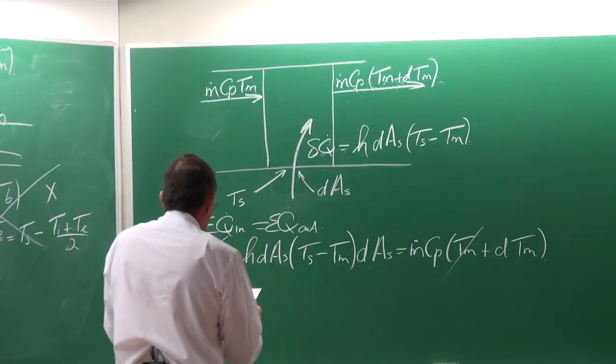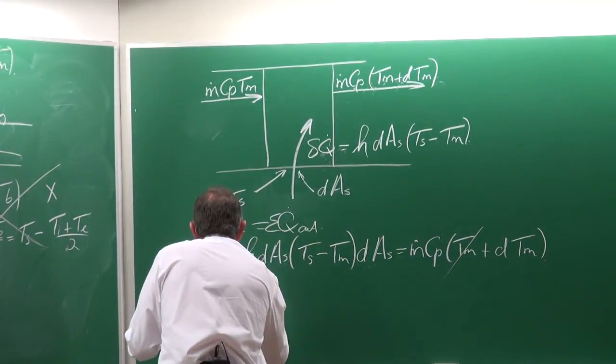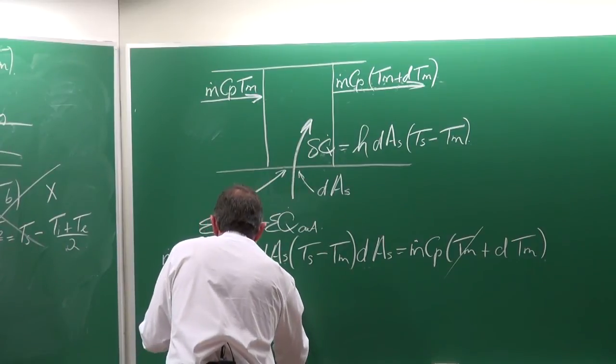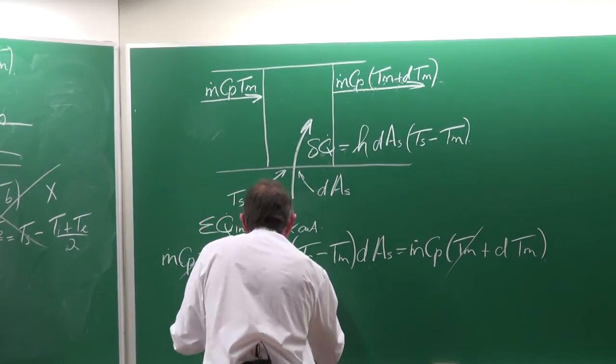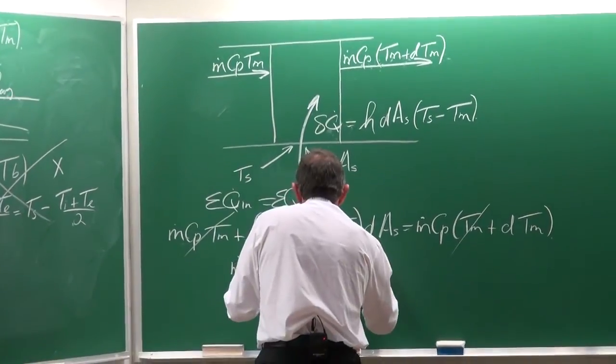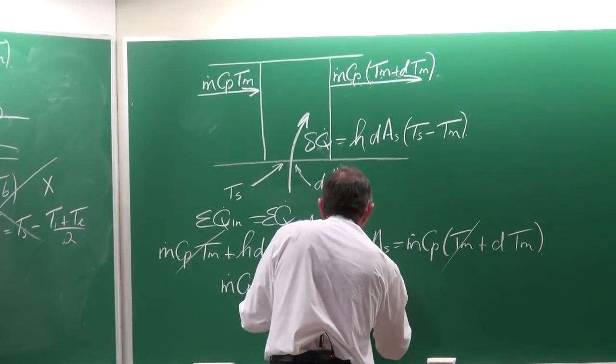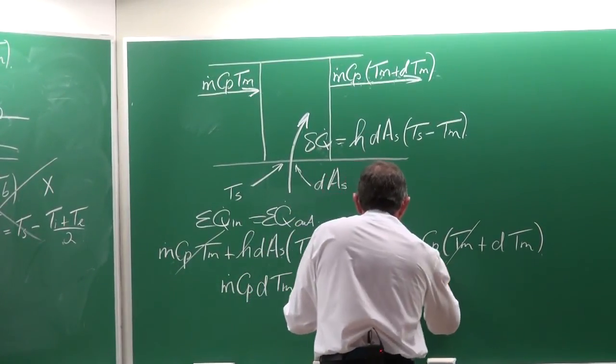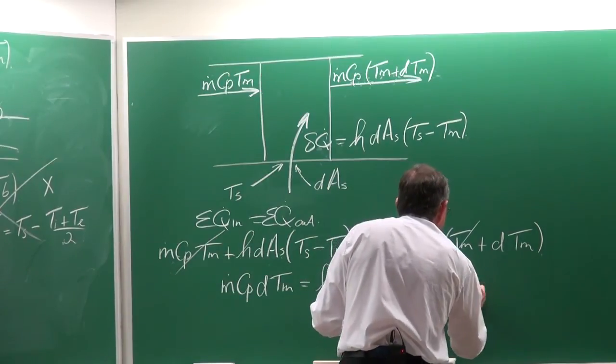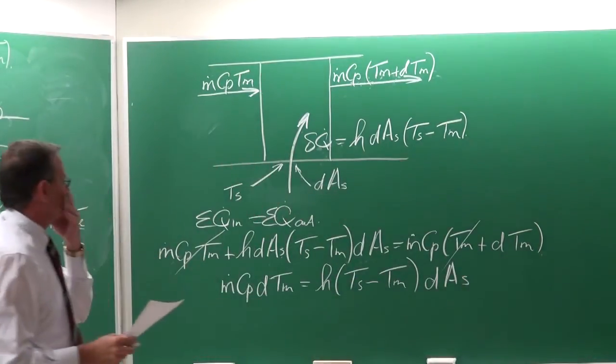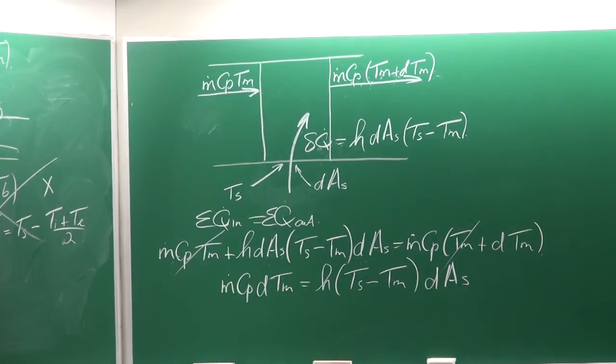And therefore, we can now write this equation as m dot Cp dTm is equal to the heat transfer coefficient multiplied by Ts minus Tm multiplied by dAs. Are you all with me?